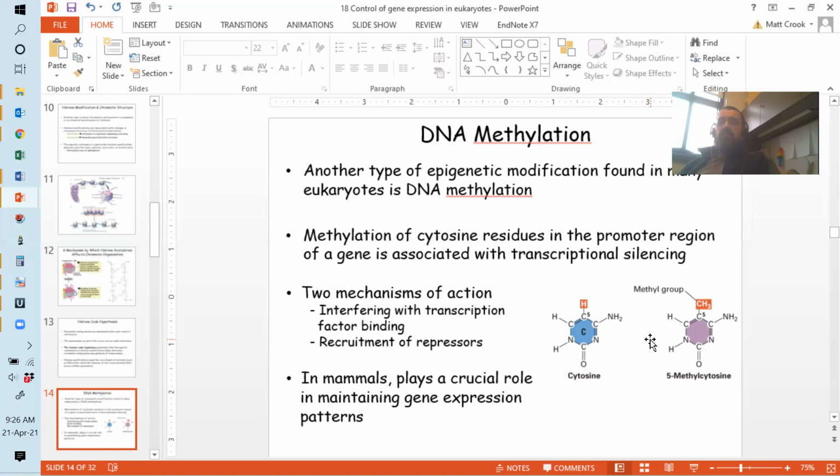What they found was that in patients with tumors, the promoter regions for that particular tumor suppressor were heavily methylated. We don't actually know why, but there's a very strong correlation between methylation of tumor suppressor promoters and tumors.